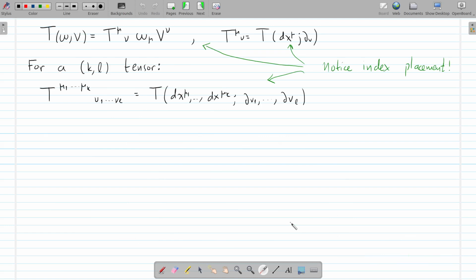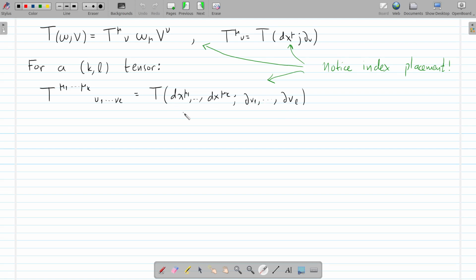So this definition can be extended to any (k,l) tensor if we consider the images of a coordinate basis under a (k,l) tensor, which means putting k elements from the dual basis dx^μ and l elements from the basis ∂_ν.